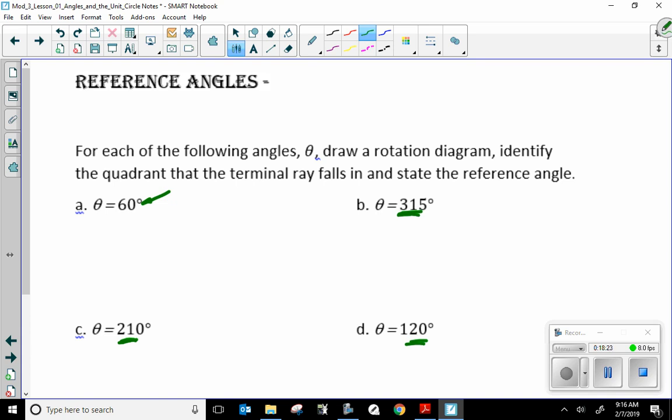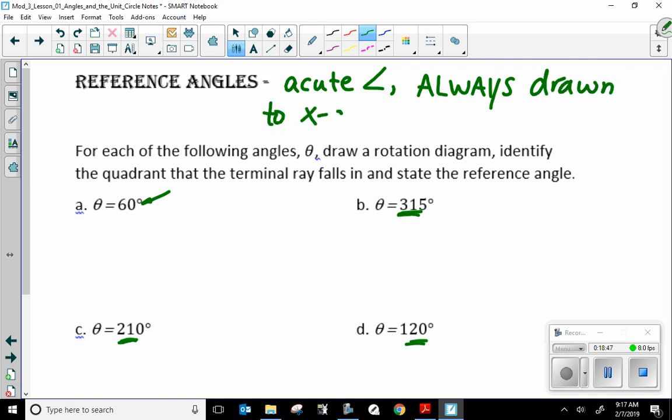Anyways, back to math. I want to create a reference angle, and I want to make it a smaller angle, an angle less than 90 degrees. So a reference angle is an acute angle. It's an acute angle, but here's the kicker. It is always drawn to the x-axis.